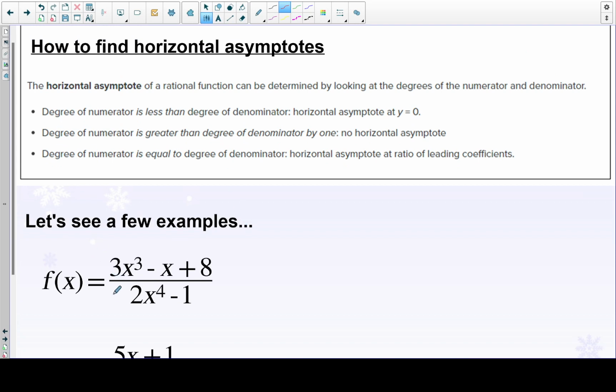So that's rule number 1. That matches with F here. Okay, F has a degree of 3 and a degree of 4 in the denominator. Okay, so why does that produce an asymptote at 0? Well, let's think about what happens when x is big, right?